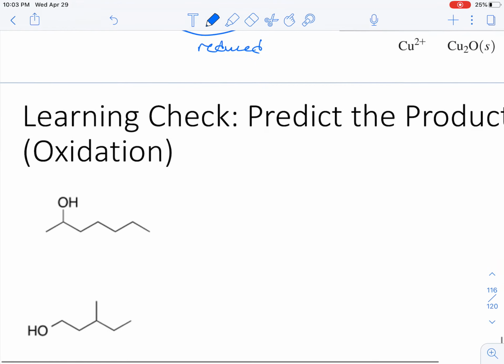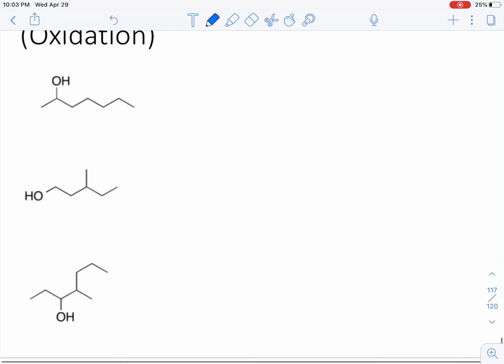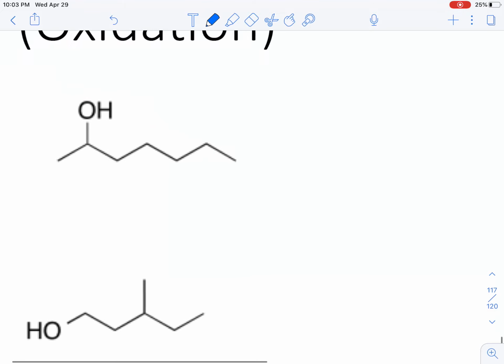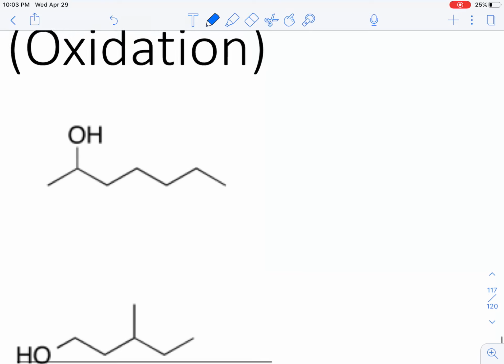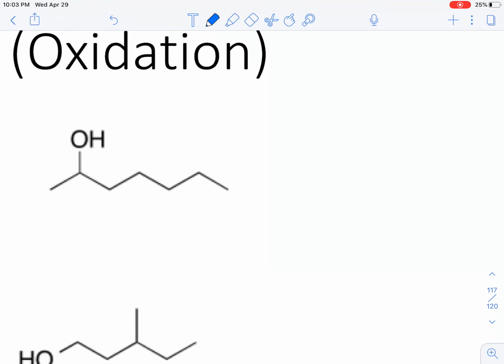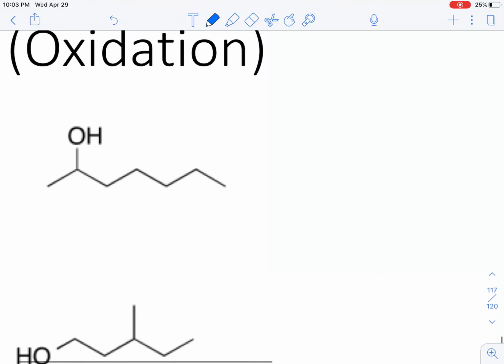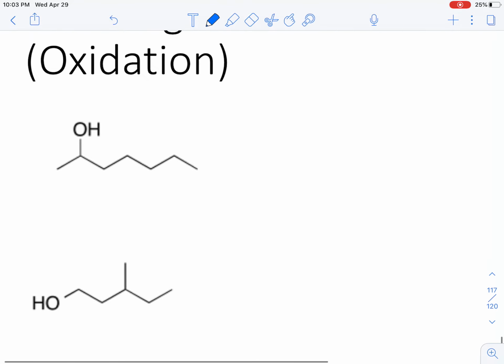Okay. And so what we're going to do is go through some examples, and we're going to predict the product of oxidation and reduction for these reactants. Since this slide is focused on oxidation, we're going to put in a bracket with an O to describe that an oxidizing reagent is required.